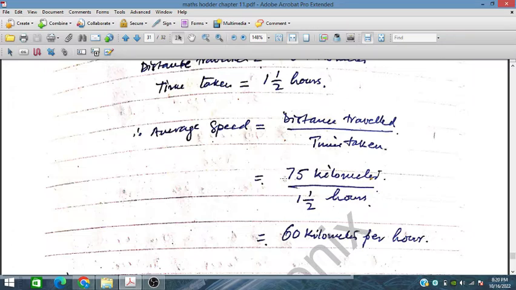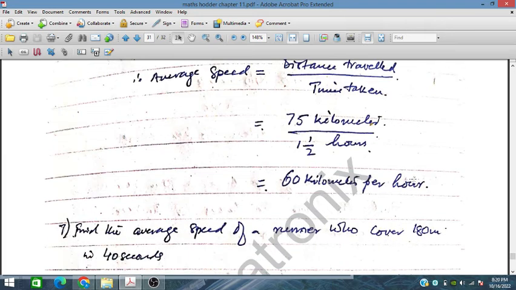In 1 hour it moves 60 kilometers, in half an hour it moves... So how is it 60? No, it's not 60.